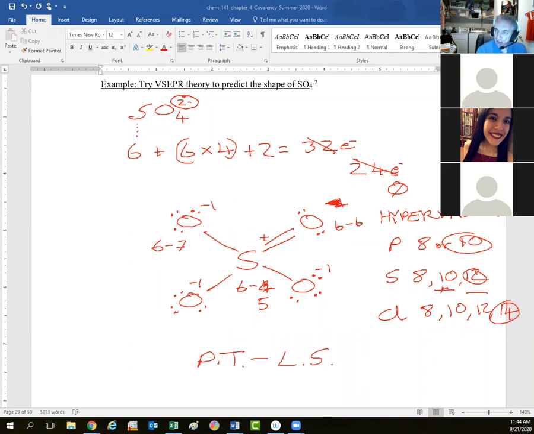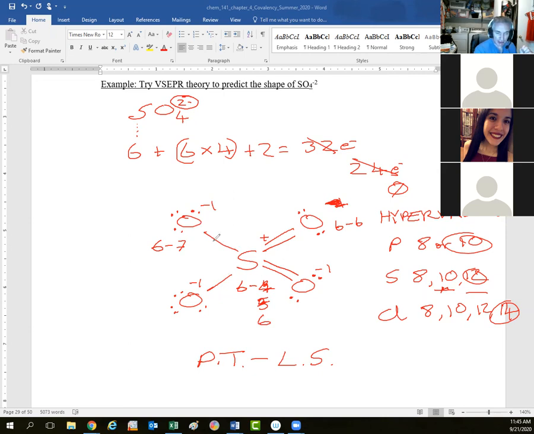So if we take another lone pair and turn it into a bonding pair, with 2 double bonds, now the sulfur controls 6 of the 12 electrons around it. 2, 4, 6, 8, 10, 12.